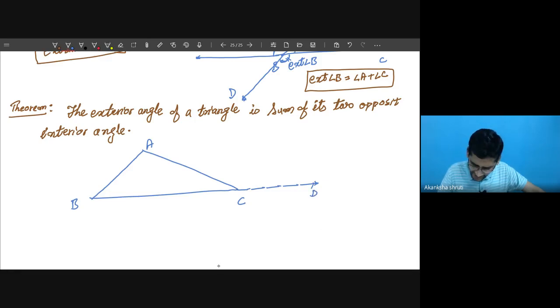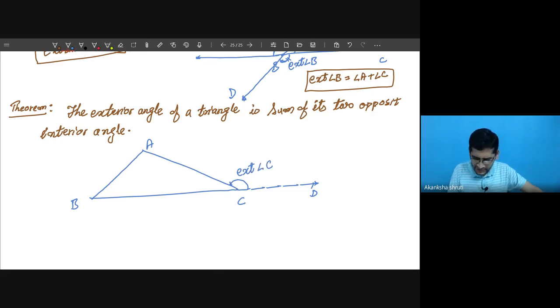Whatever side is produced, that produced side with the other side at that vertex forms the angle. BC is produced, so produced side CD and CA, there this angle is formed. This is exterior angle C.